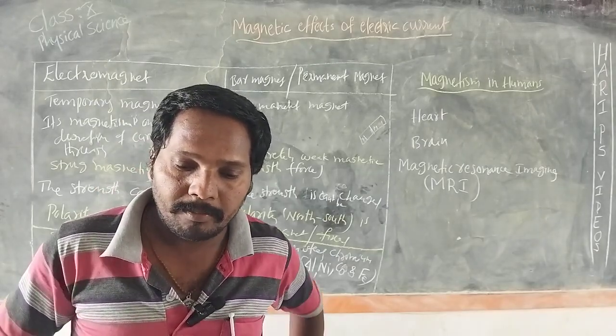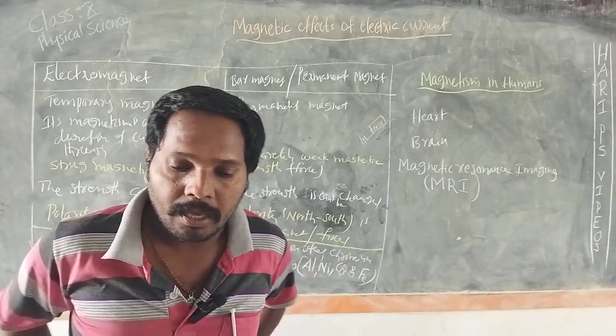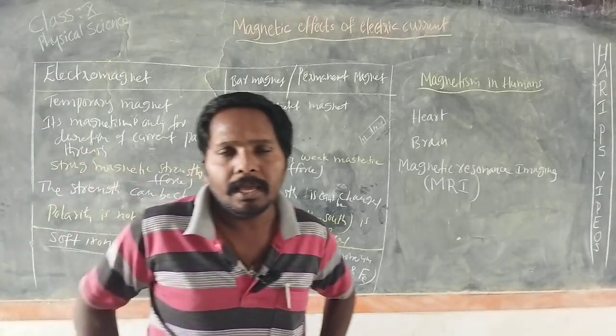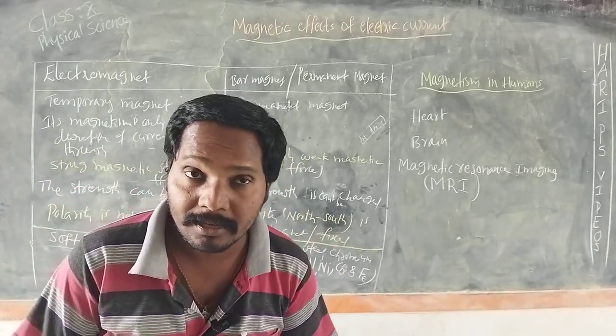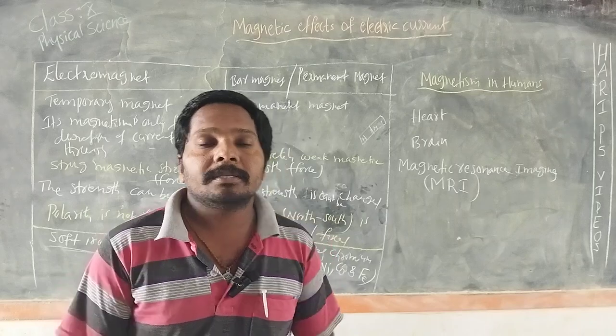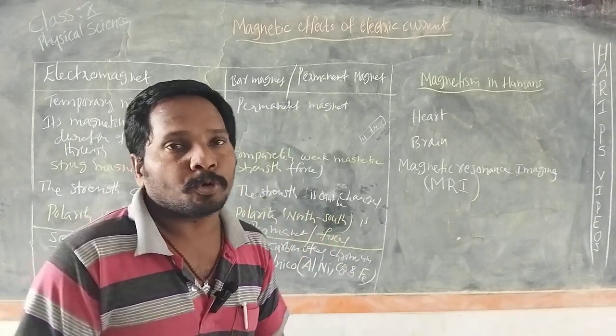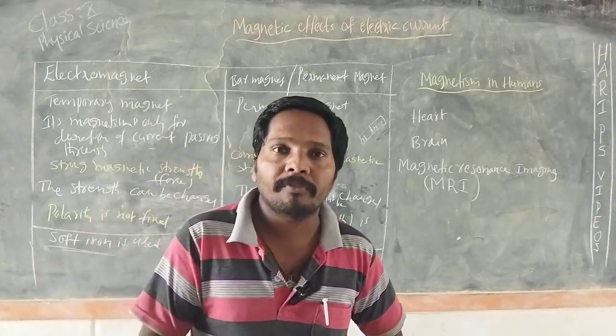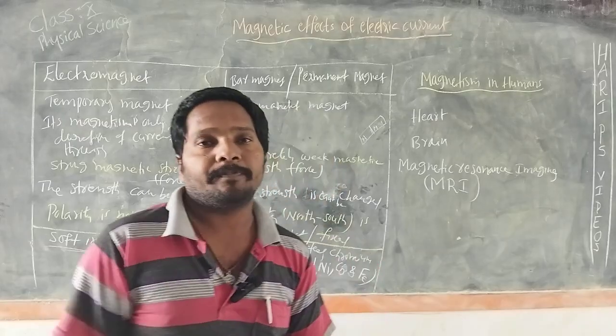So magnetism in the human body is electromagnetism, because magnetism is produced by the flow of ionic currents.